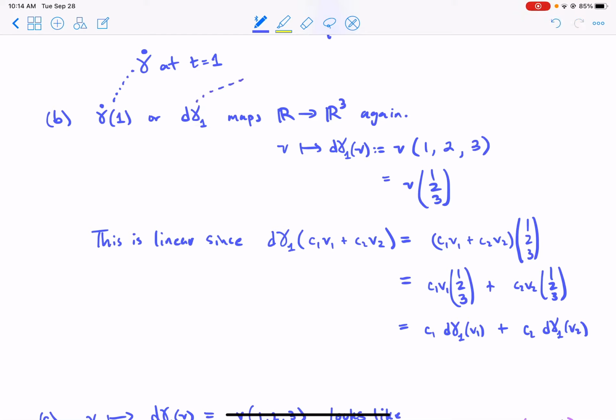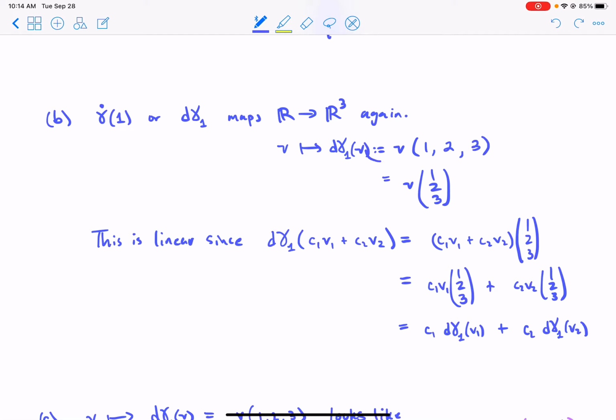So we sort of read this in our heads as the derivative of the map gamma at the input t equals 1. So those things map R to R3 again. They have the same input space and same output space. And the formula sends v, now I call this v because now I'm thinking of it as a vector, to d gamma 1 evaluated at v. So this is how we write it down.